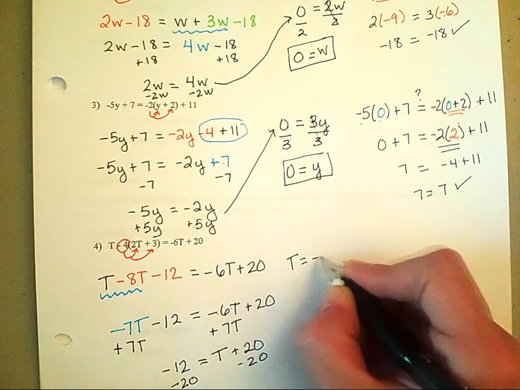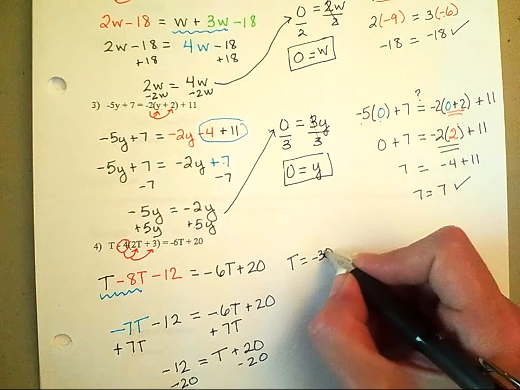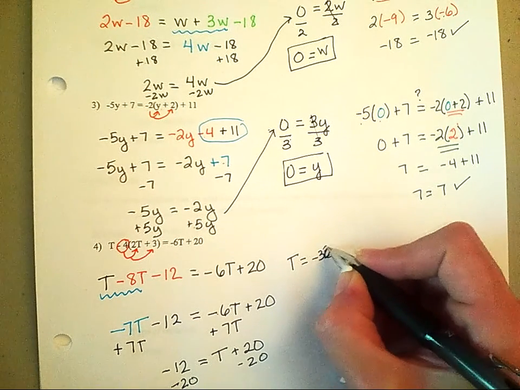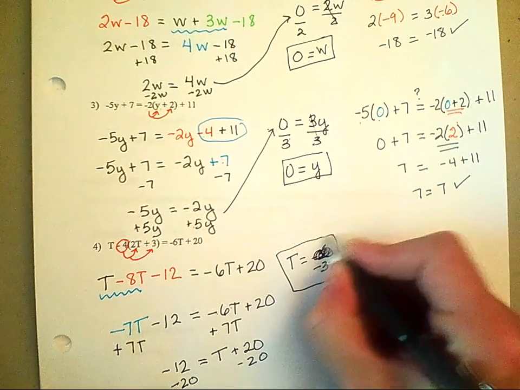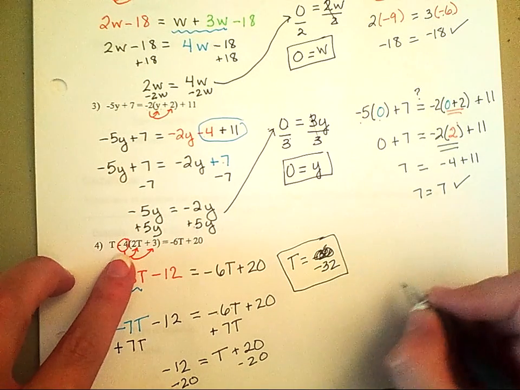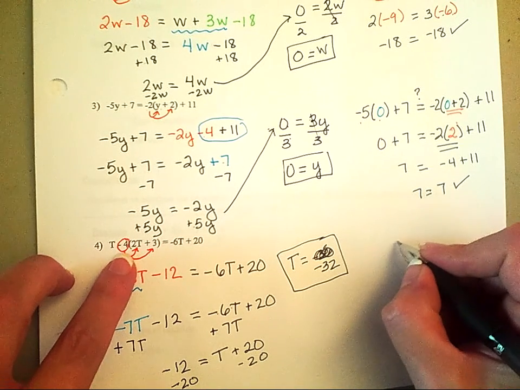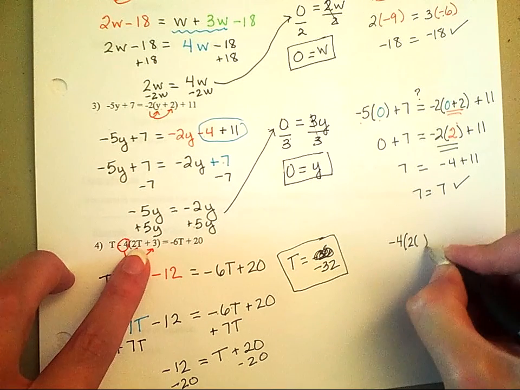So we'll get t is equal to negative 30. No, negative 32. And let's do the check. Okay. So, let's see here. Putting back into the original.